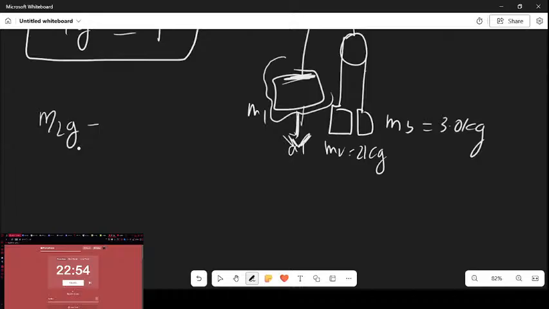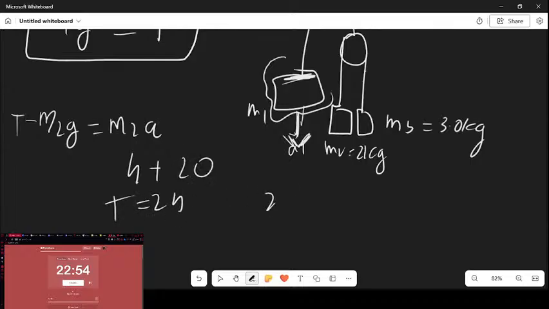We found it earlier: M2g minus tension is equal to M2a, and as we found it 2 meter per second square, and 4 plus 24 tension and 2.4 kg, 4.8.